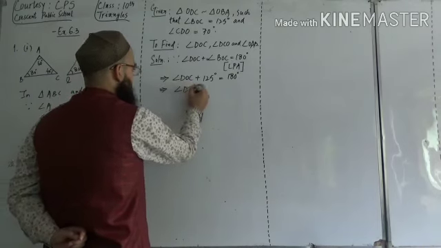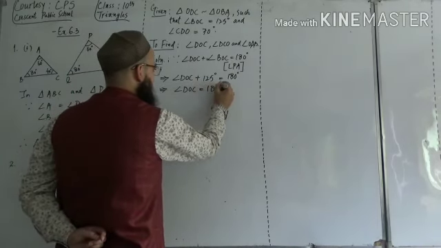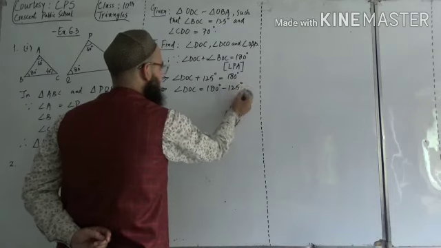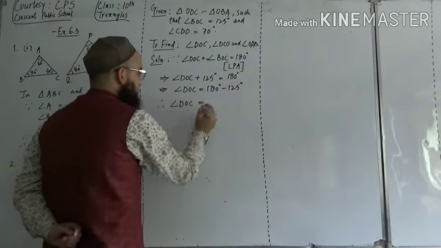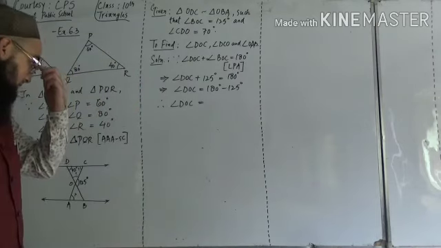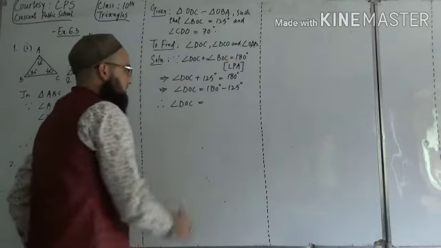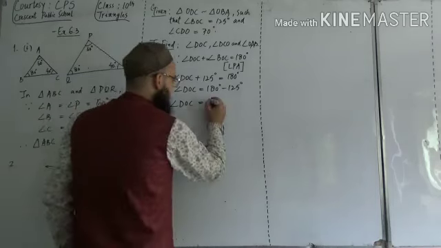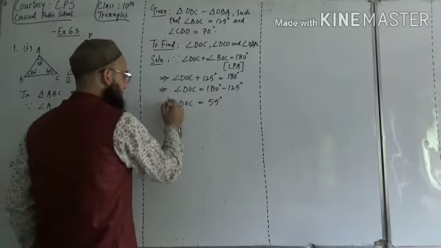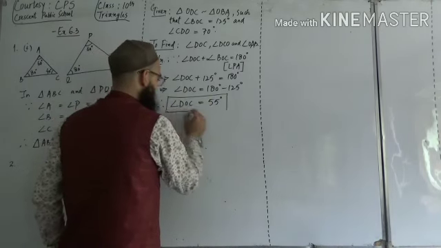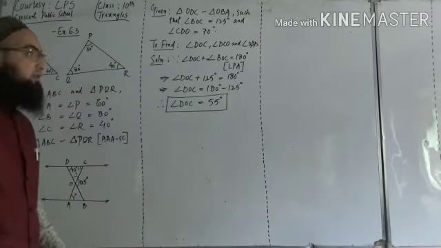Then angle DOC is equal to 180 minus 125 degrees. Therefore, angle DOC is equal to 55 degrees. That is your DOC. So we got the first one.